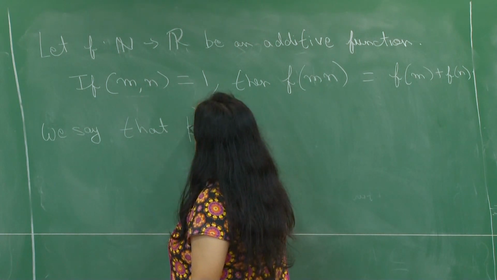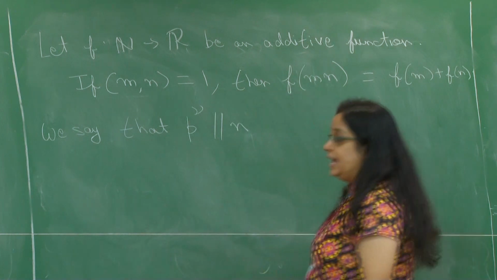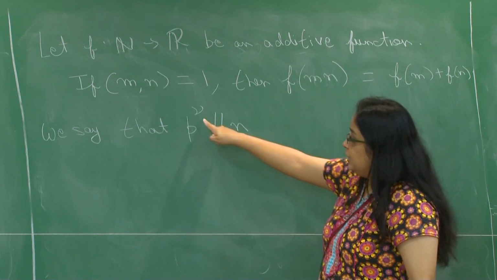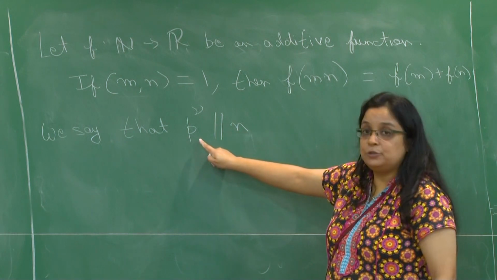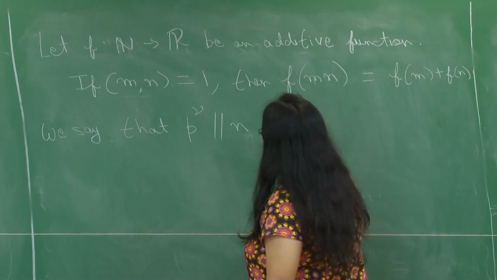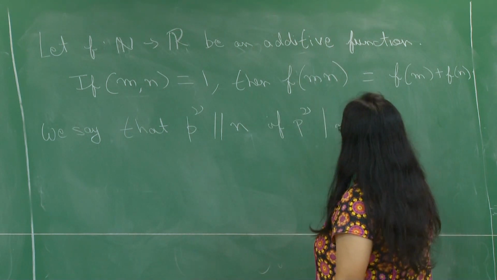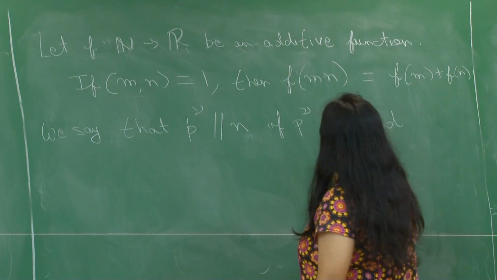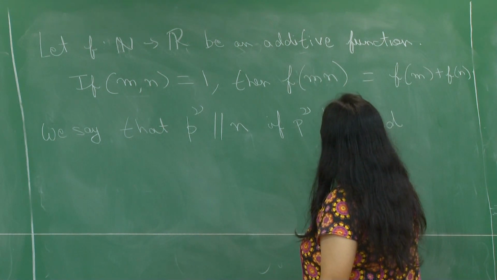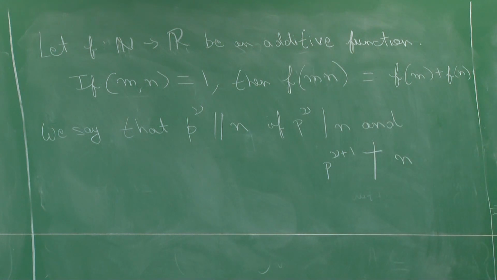We say p raised to the nu exactly divides n if nu is the highest power of p dividing n, that is, if p raised to the nu divides n and p raised to the nu plus 1 does not divide n.